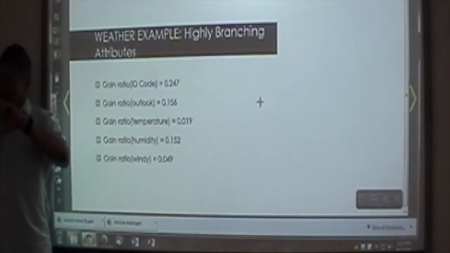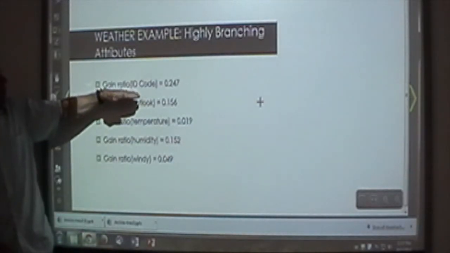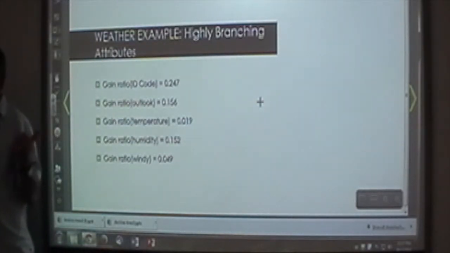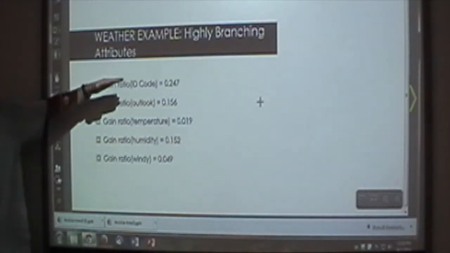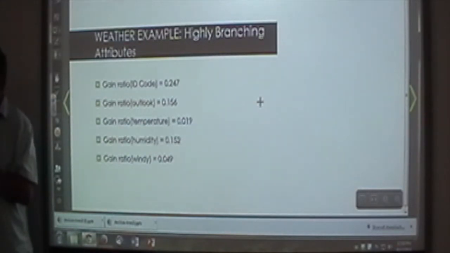And so you would want to use some other methods to really eliminate that ID code as a branch, usually some heuristic or ad hoc methods to first eliminate nonsense branches like that. Because the higher the gain, the better the root, the better that is for splitting. And remember, then we would proceed with this.